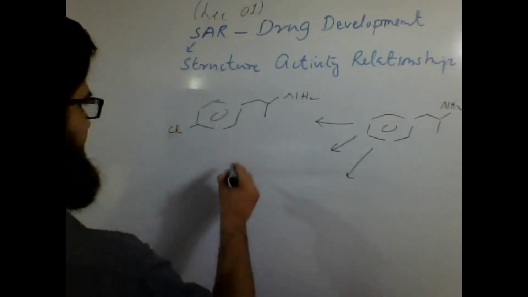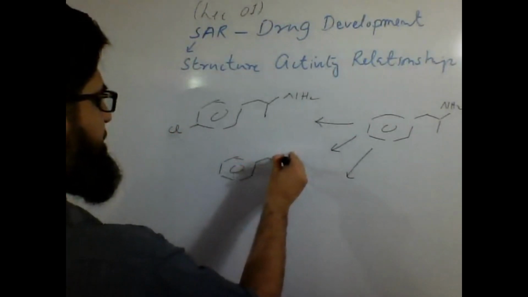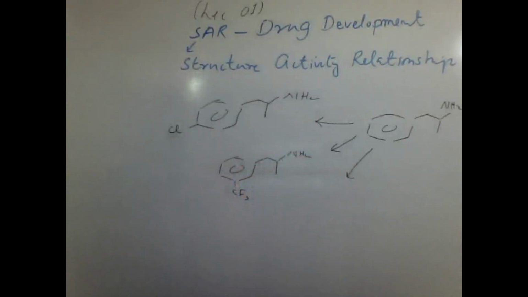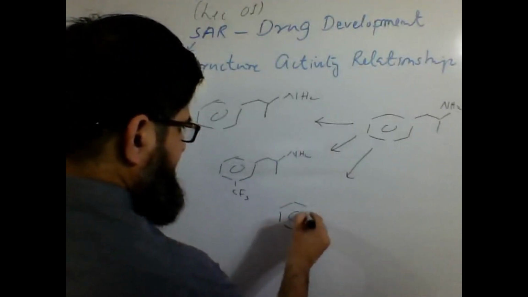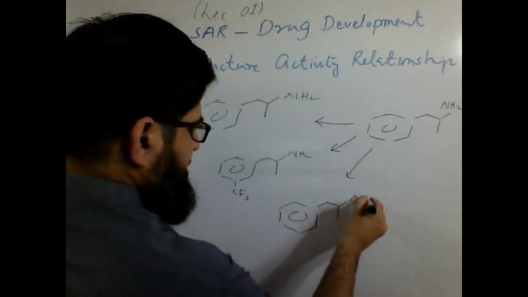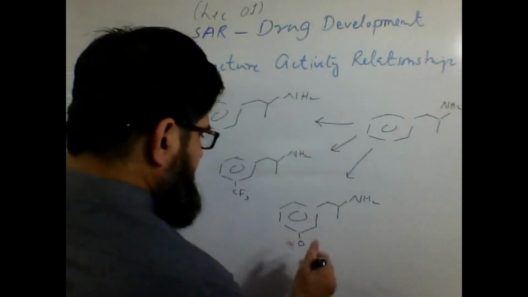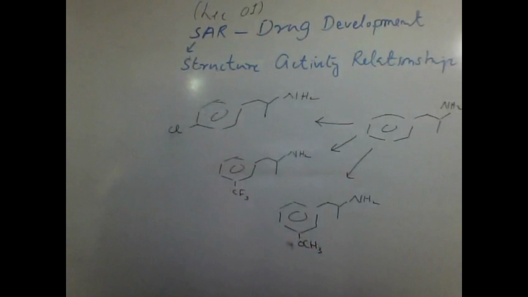Okay. Then somebody again produced another group where CF3 was introduced in the ring. Then somebody came up again where a methoxy group was introduced. So this is how people keep on playing, and then they looked into their pharmacological activities as well.